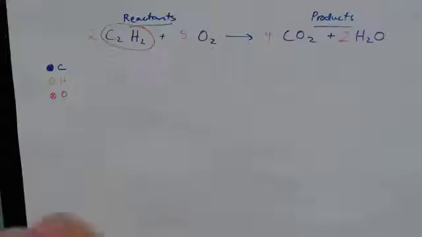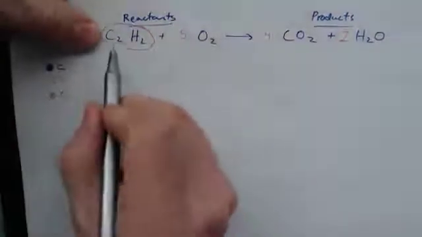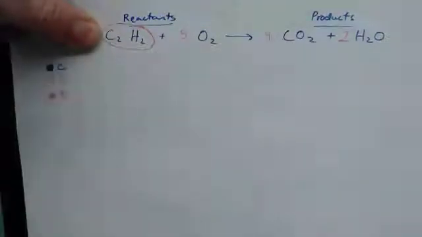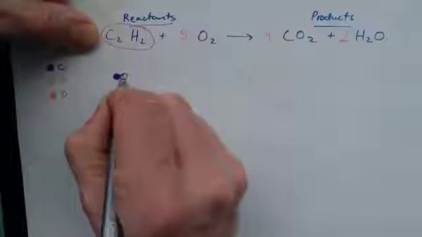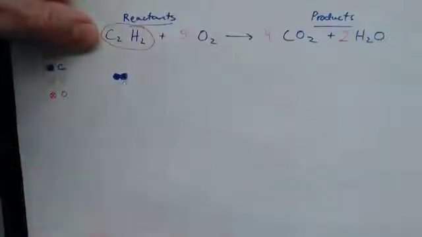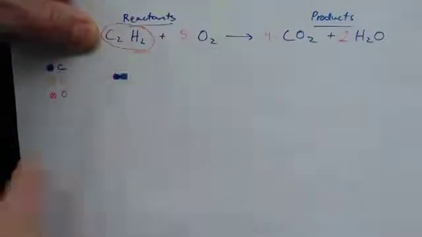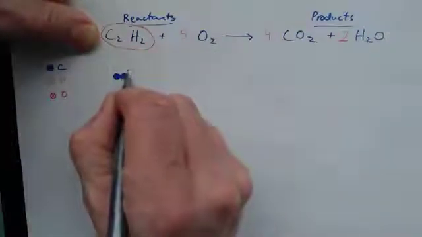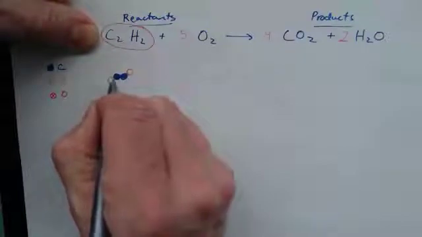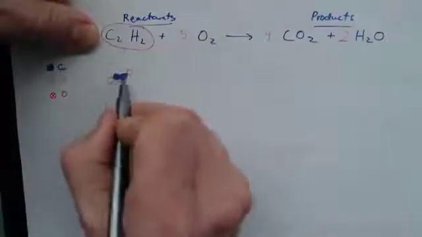So I'm going to draw this molecule. I'm going to cover that number. I have C2. That means I have two C's, and they're going to be touching because it is a molecule. They are attached to each other. They are bonded. There are two hydrogens, so I'm going to draw two hydrogens. Again, they're going to be touching. There we go. We have C2H2.